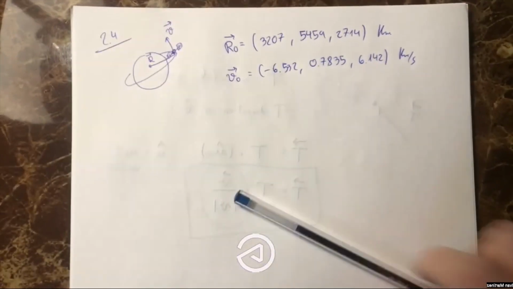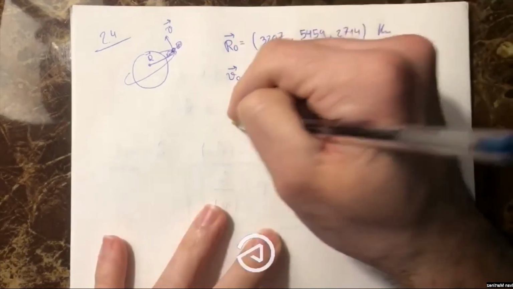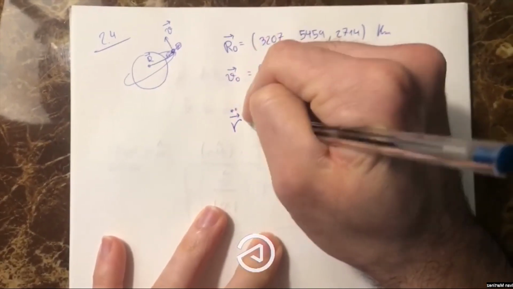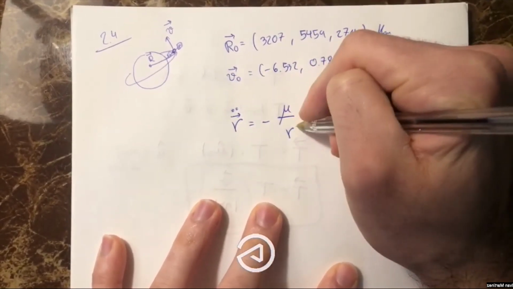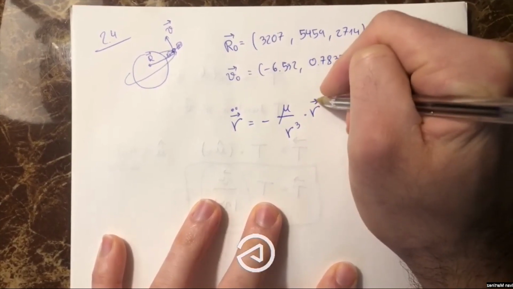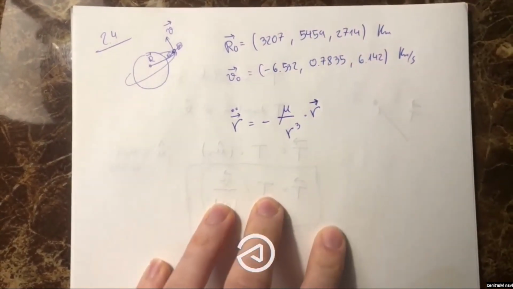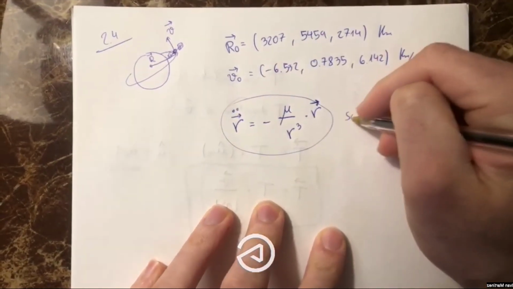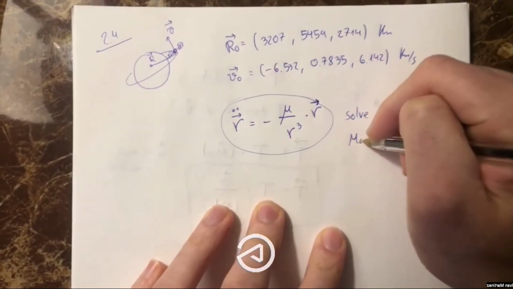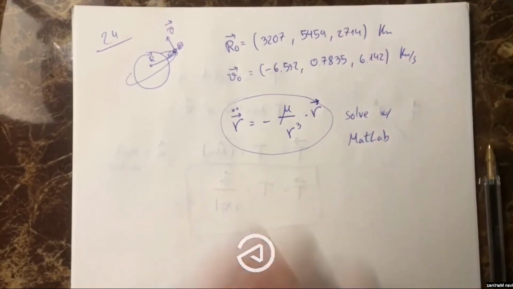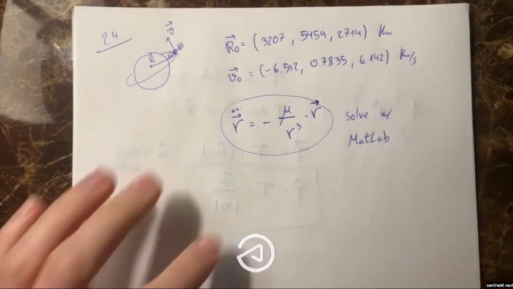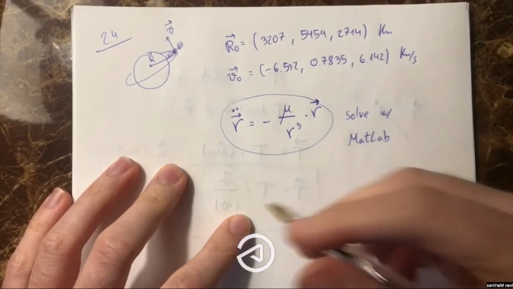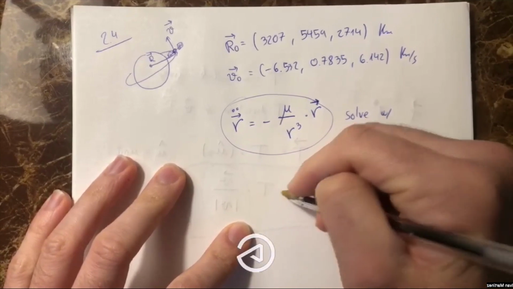Okay. And then we need to solve the two-body model equation, which is R double dot like this. Solved with MATLAB. Okay, this is very similar to what we did last week and the week before. Remember, the first week we solved the car.